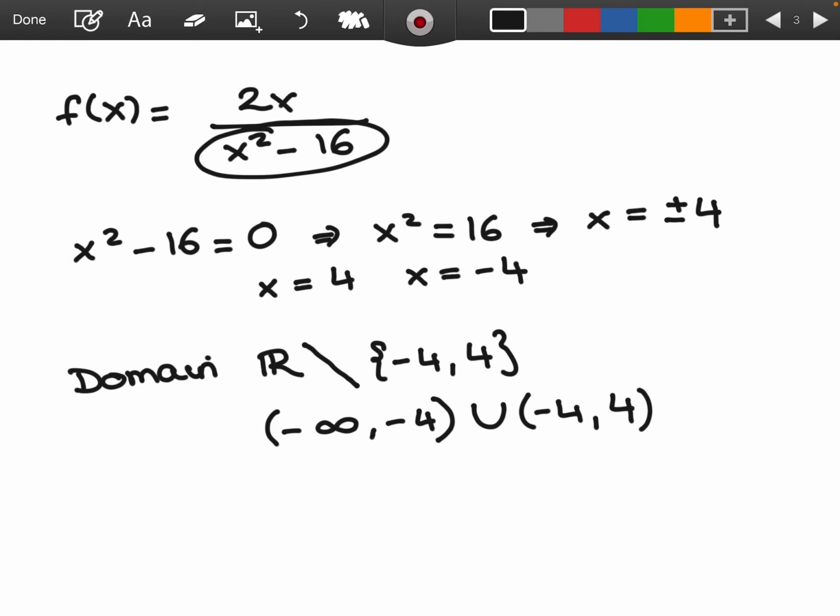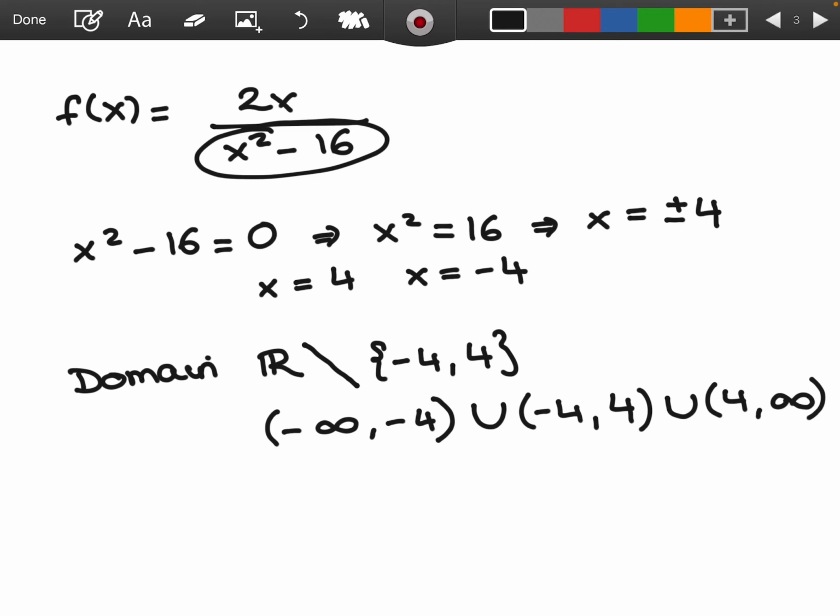Union. Then I'm fine between negative 4 and 4. Any value between those, you plug in x is equal to 3, this thing's defined. I don't have a denominator of 0. So I'm fine between those two values, not including those two values, so again, rounded parentheses. Union 4 up to infinity.